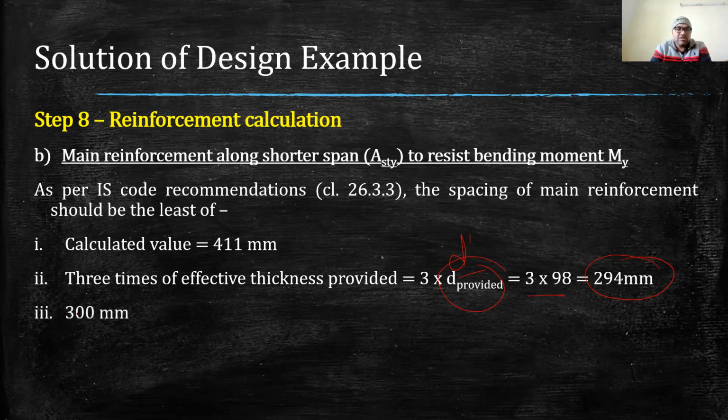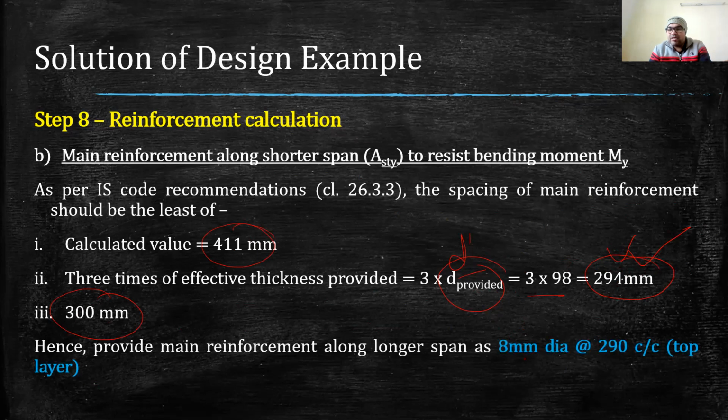The third one is 300. So this time the lesser value will be this one. Again we have to round off this value to the lower side, in multiples of 10. So we provide the main reinforcement as 8 mm dia bar at the rate of 290 center to center, and it is the top layer.